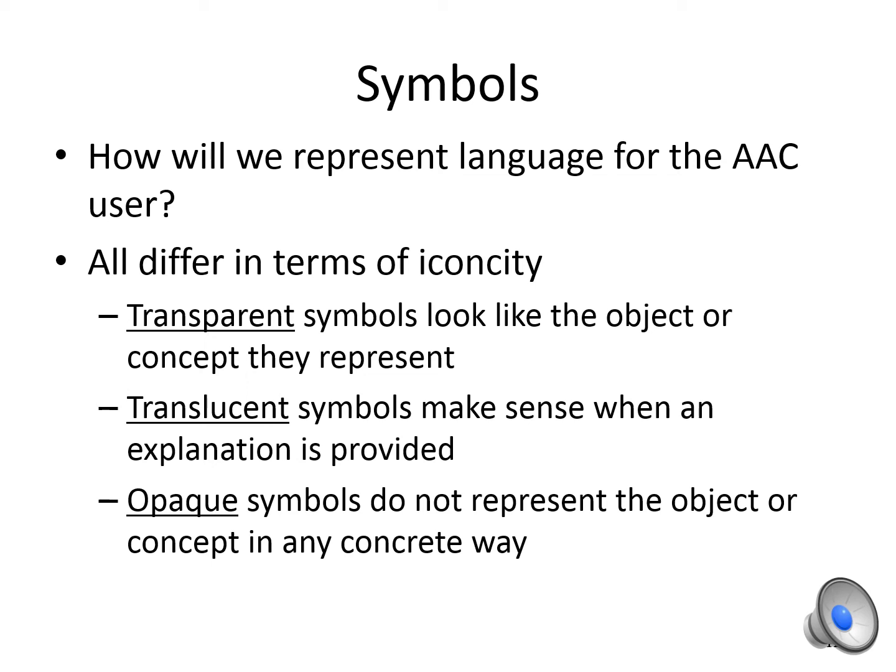But if you explain, oh, it's like milking the cow, your hand is on the udder and you're squeezing and pulling, and so that's the reason. Once you explain that, somebody can make that connection and go, oh, okay, that makes sense. And then it heightens the iconicity of the symbol.